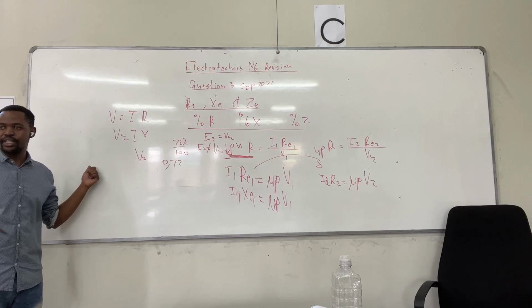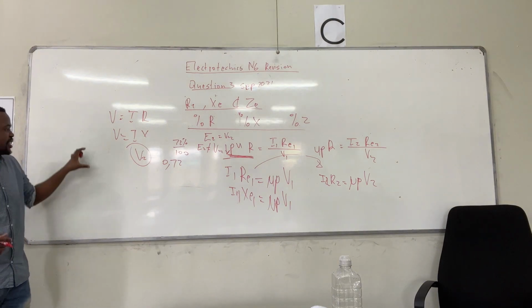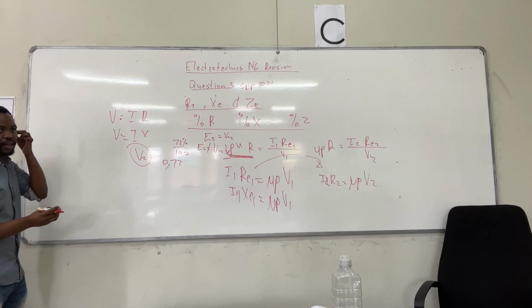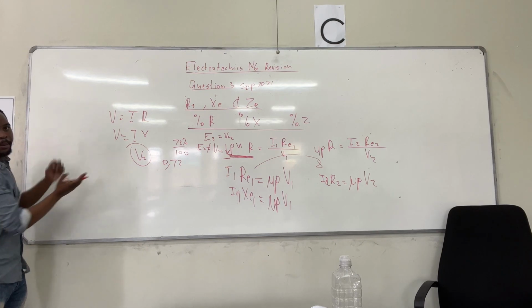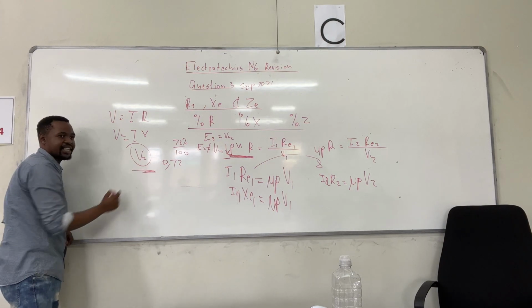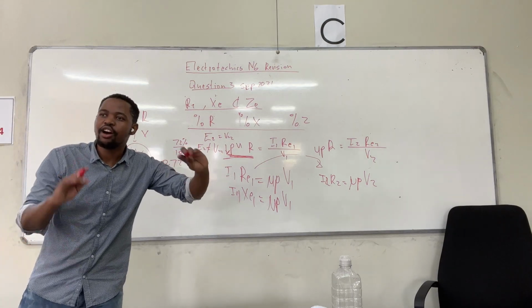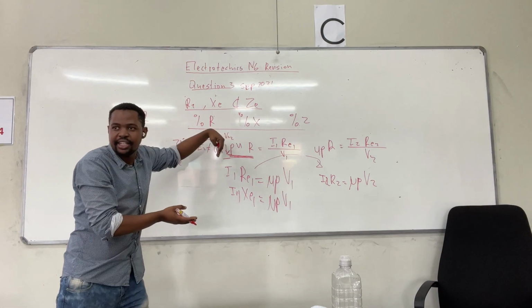If we change the voltage in the primary, we will affect V2. But it is easy to maintain a voltage in the primary side, and not easy to maintain a voltage in the secondary side, because it depends on the nature of the load that is connected on the secondary side.